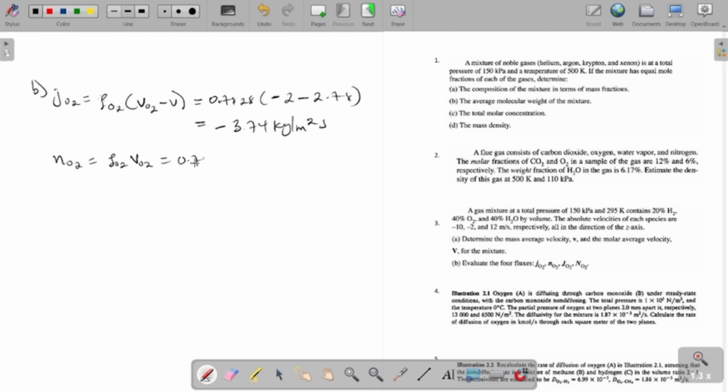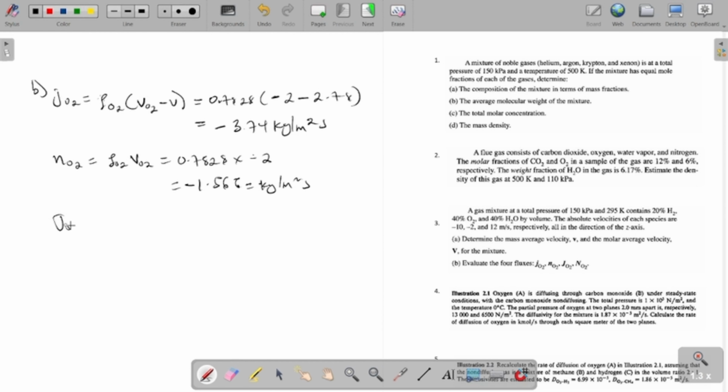So this one is 0.7828 multiplied by minus 2, which gives us minus 1.566 kilogram per meter squared second, right?